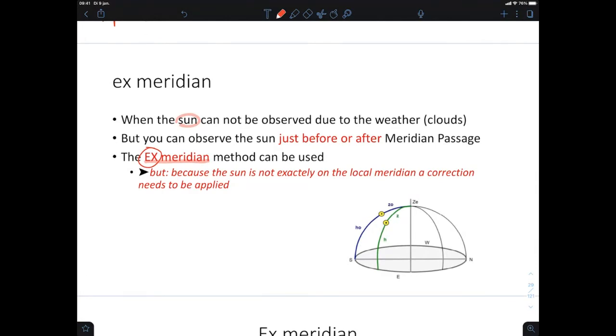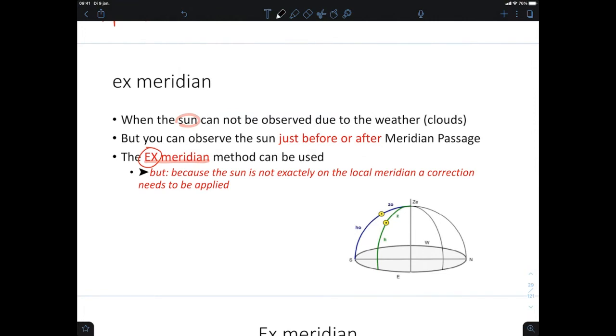Because you're not exactly on your local meridian, you will need to apply corrections. So you can use this shortened method for determining latitude, but you will have to apply corrections to the altitude that you are observing of the sun. Voilà. This is demonstrated here on this drawing.